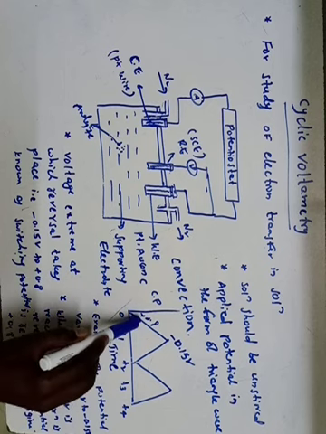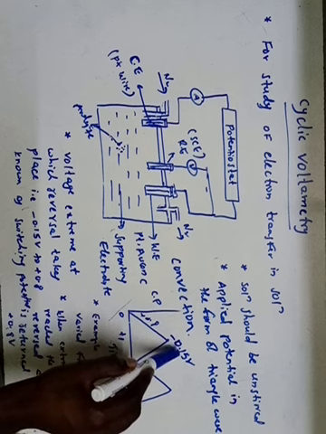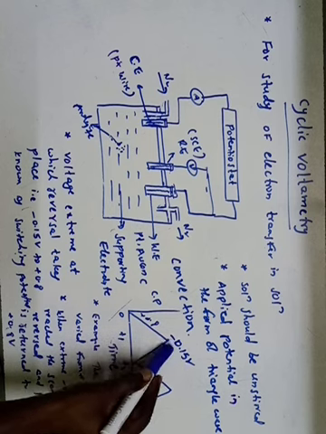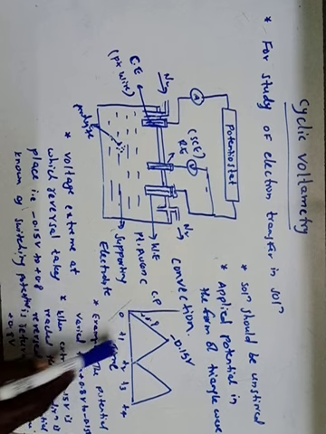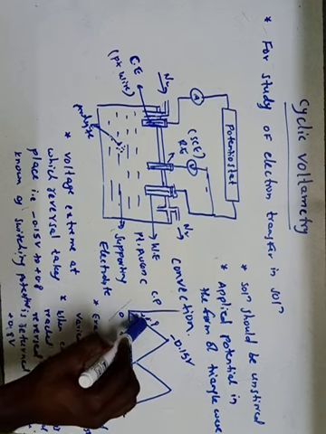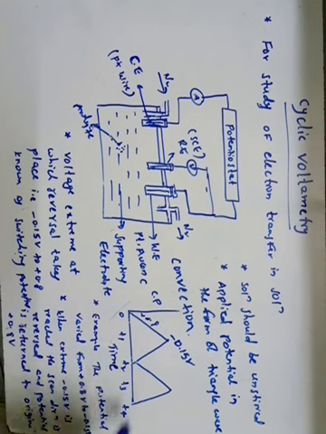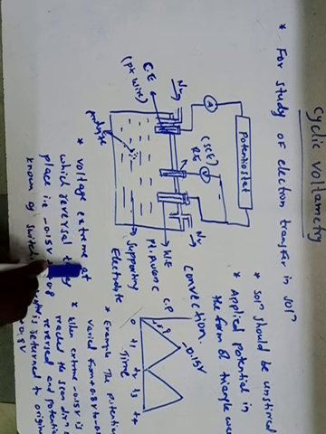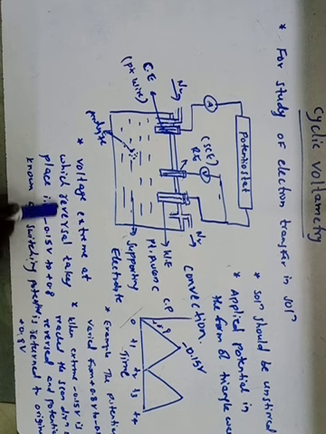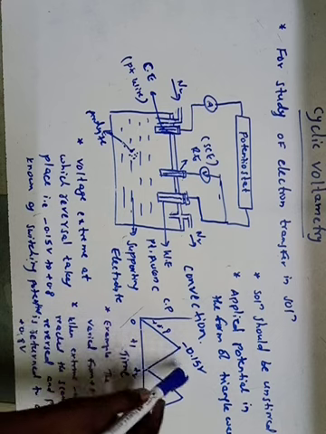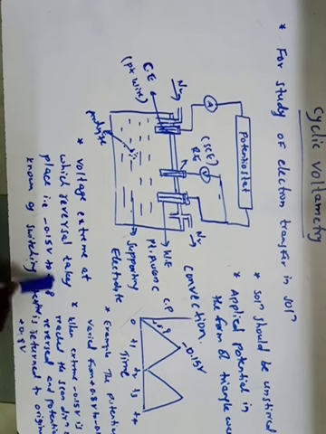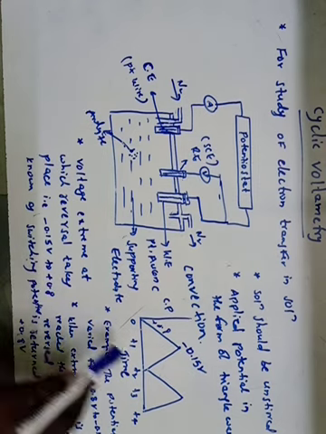That means it moves in the downward direction, the reverse direction, and reaches the original value, which is plus 0.8 volt. The voltage extreme at which reversal takes place is known as the switching potential.